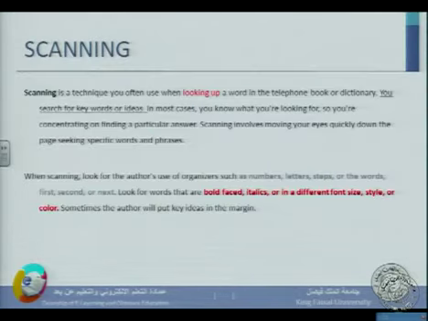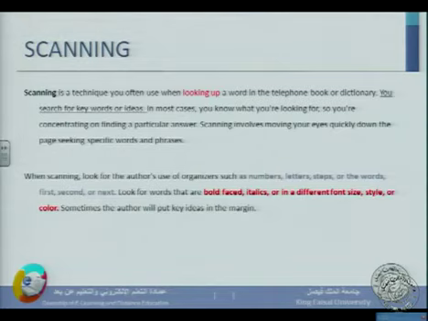Scanning is a technique you often use when looking up a word in the telephone book or dictionary. You search for keywords or ideas. In most cases, you know what you are looking for, so you are concentrating on finding a particular answer.